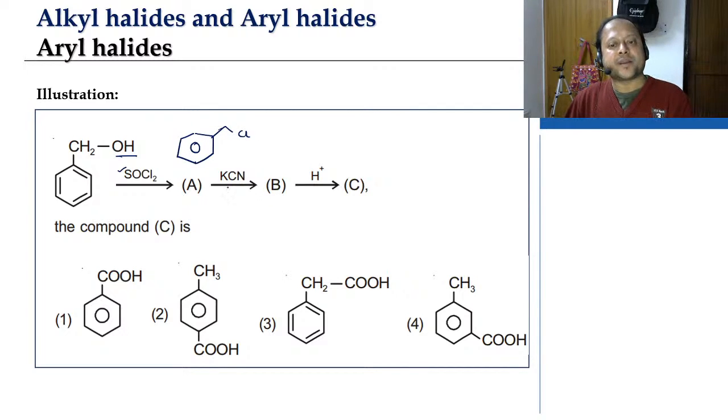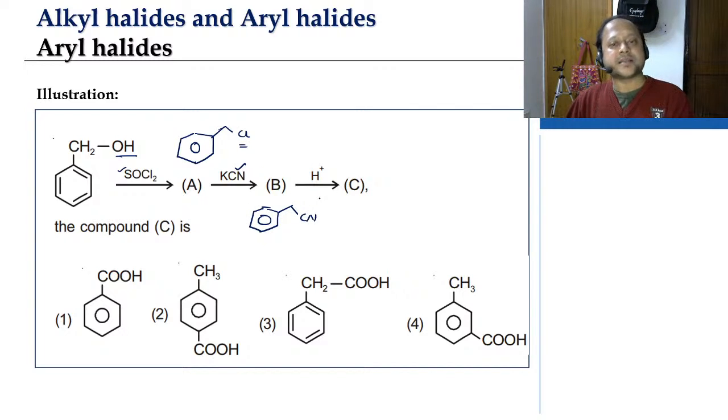Now when you are reacting this with KCN, obviously just the way it happened in the previous example, of course high temperature was needed there because that was an aromatic substitution. Now it is aliphatic substitution. So Cl will be replaced by CN. So what you get is CN.